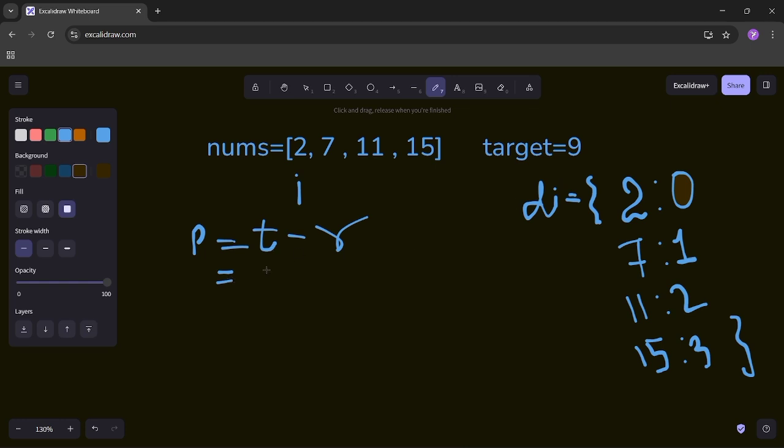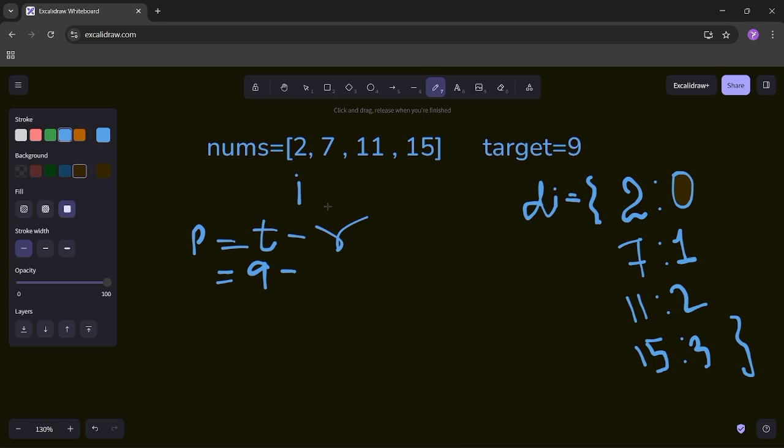So let's write the target first. That is going to be 9, and what is r? r is actually the numbers that we are going to iterate in nums. For example, i is pointing right now at 2.